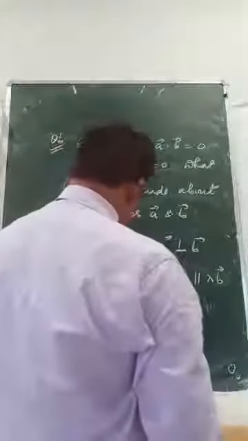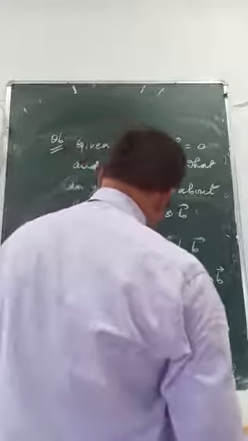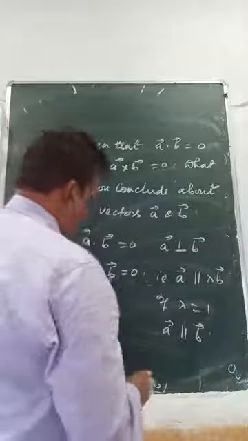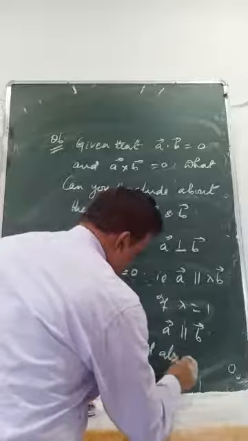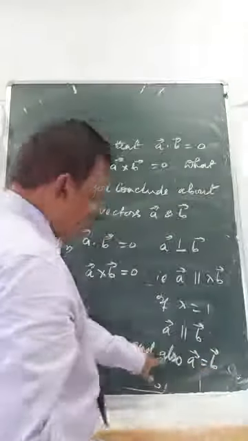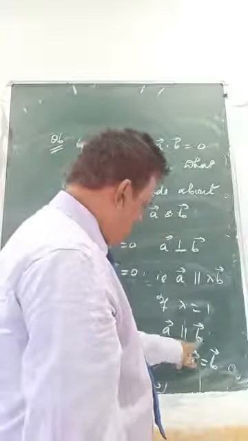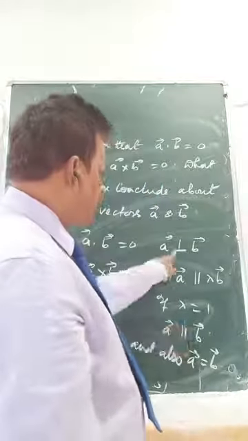One more conclusion you can take here. Also A and B are the same vector. Since they are the same vector, the cross product is 0. So either A and B are 0 or A is equal to B. That is the possibility.